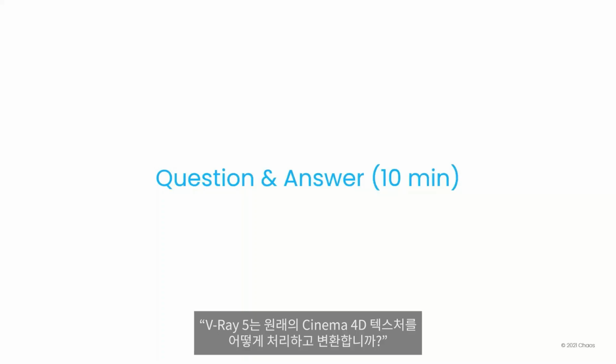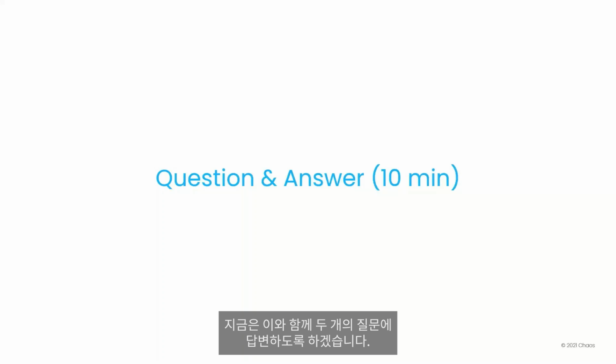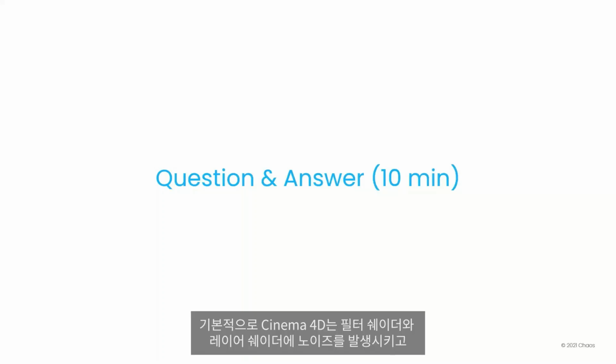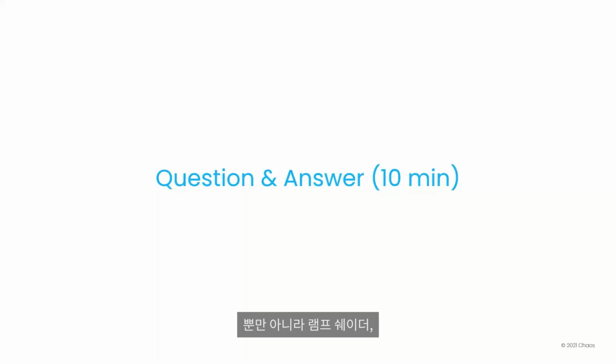How does V-Ray 5 handle the native Cinema 4D textures and convert them? Well, I'll actually answer two questions with this one. Currently, we support a few shaders natively: the Cinema 4D noises, the filter shader, the layer shader, as well as the ramp shader and the Fresnel and fall-off ones.